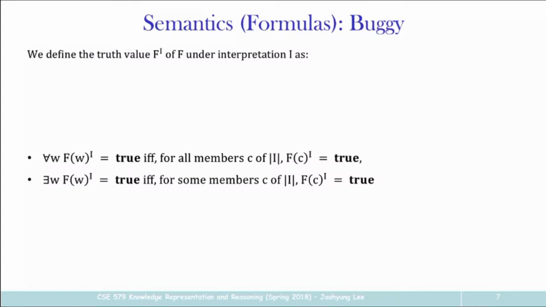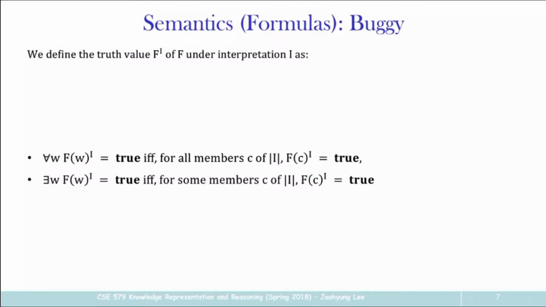So what the problem was, we cannot actually plug in all the individuals into the formula. The variable was supposed to range over all individuals, but if we use only a limited set of object constants, they cannot map to all members in the universe, because once you've specified the interpretation, an object constant can map to only one individual.